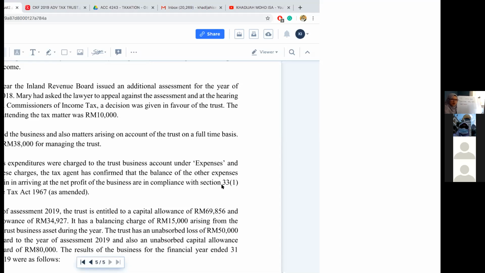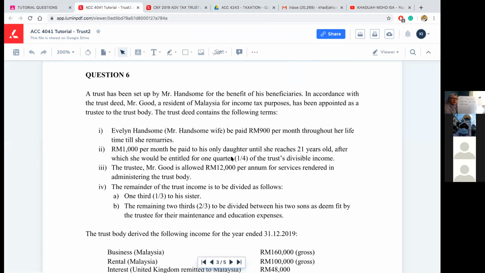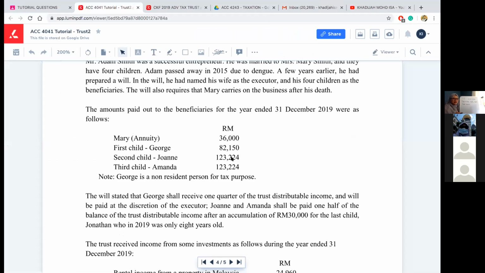So the annuity is 36,000 to Mary. So that 36,000 is deducted from your aggregate income. So your total income should be 369,785.